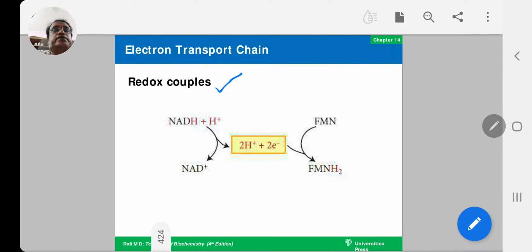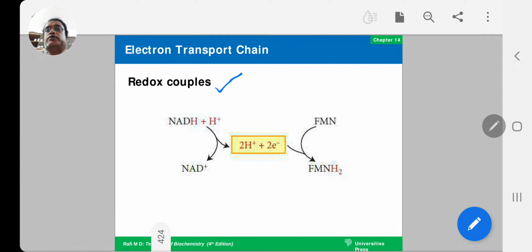That is given as an example in the diagram. In this example, there are two redox pairs, NADH and NAD plus, and FMN and FMNH2.